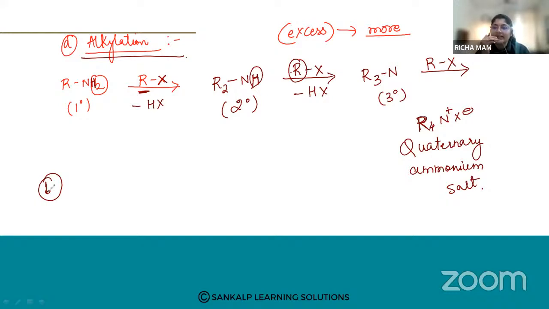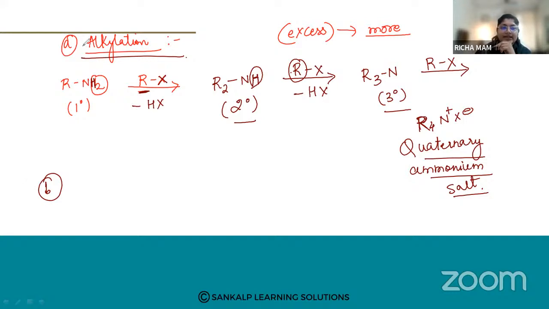At each step, whatever hydrogen atom is present on the amine group is replaced by an alkyl group, and it forms secondary, tertiary and quaternary ammonium salt respectively. Is it clear? So this was about alkylation.